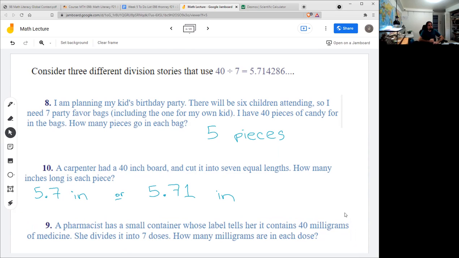So how many milligrams will be each dose? What issues are you thinking about as you're wondering what answer to say?